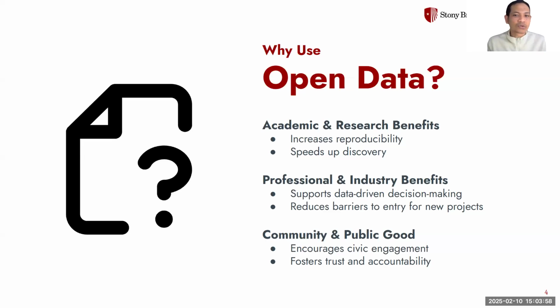This will lead to faster and also more robust discoveries. This collaborative approach not only accelerates the pace of innovation, but also ensures that research findings are reliable and can be independently verified. For example, the Human Genome Project, which made its data publicly available, has enabled countless breakthroughs in genetics, medicine, and biotechnology by allowing researchers worldwide to access and build upon the genomic data.